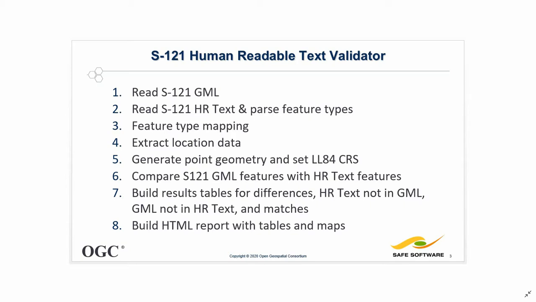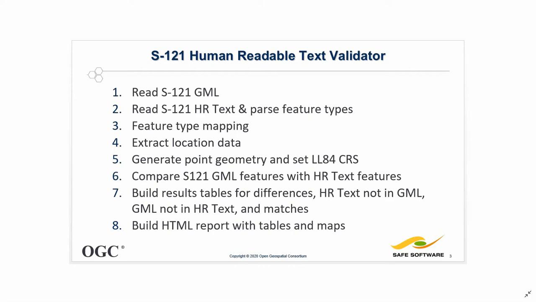First, we parse the feature types and extract the ones we're interested in, in this case the location feature type, and extract location data from the text, including converting from degrees, minutes, seconds to decimal points. Then generating the point geometry and setting the coordinate reference system.